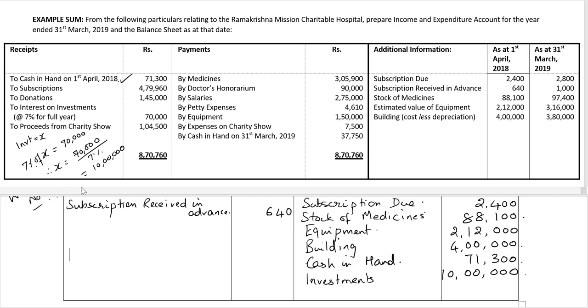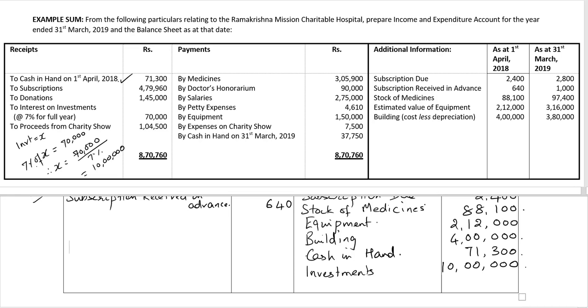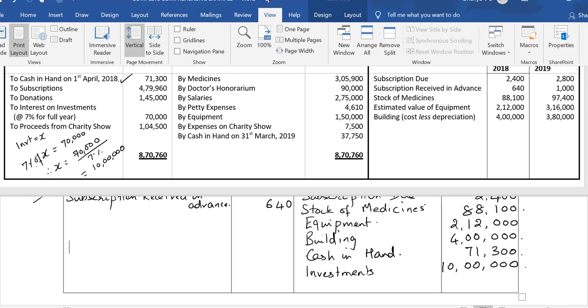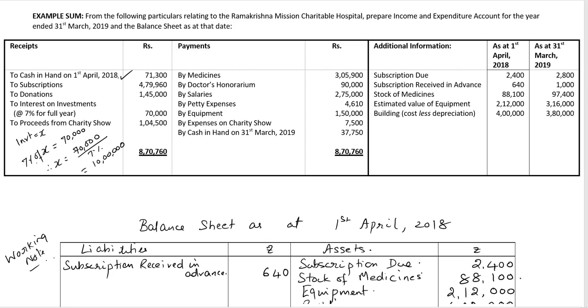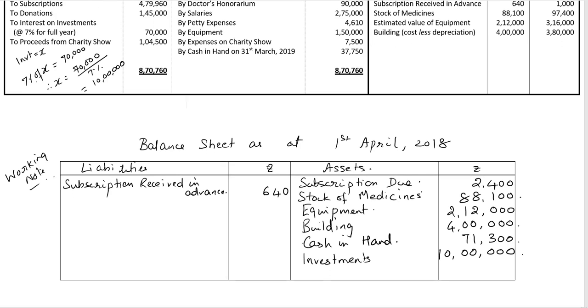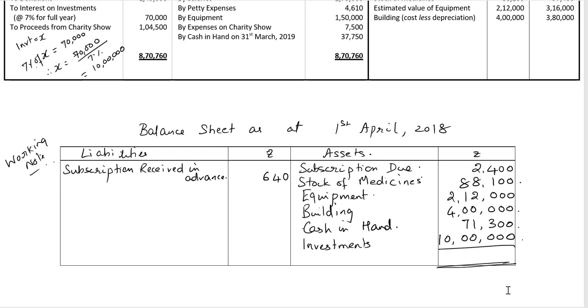There is no other item on the payment side which needs to come to the opening balance sheet. So we will balance the opening balance sheet and find out the opening capital fund. The greater total is on the asset side. The total is 17,73,800 rupees.